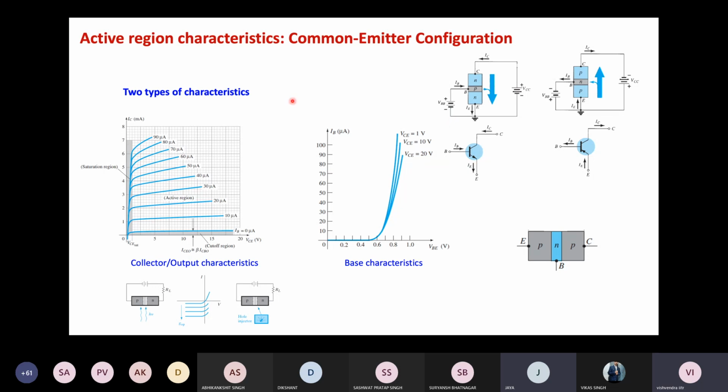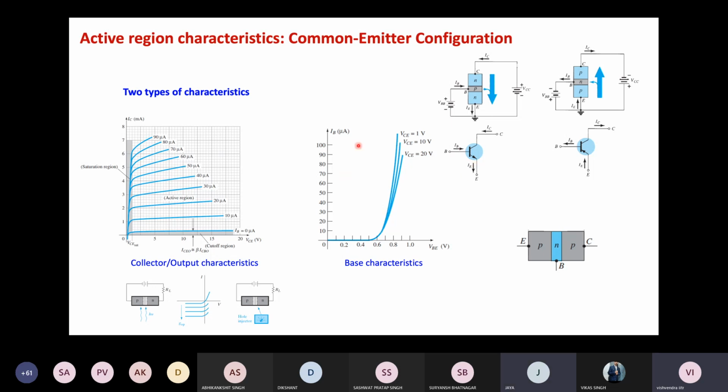So in common emitter configuration, this base emitter is forward biased and base collector is reverse biased, active regime operation. Then what would be the characteristics on the input side? On the input side, which means between base and emitter, it's a forward bias junction.